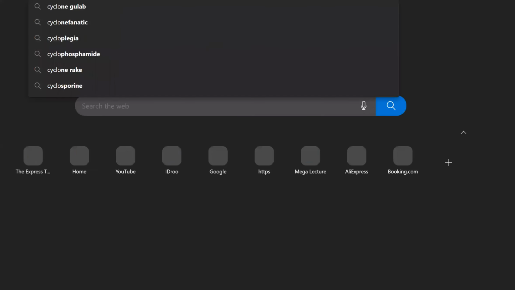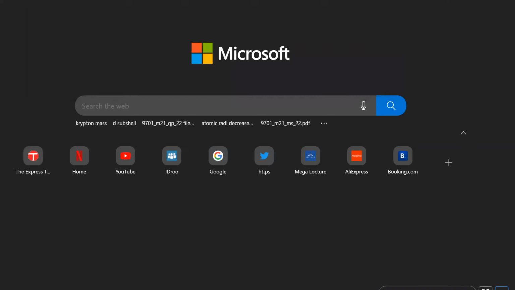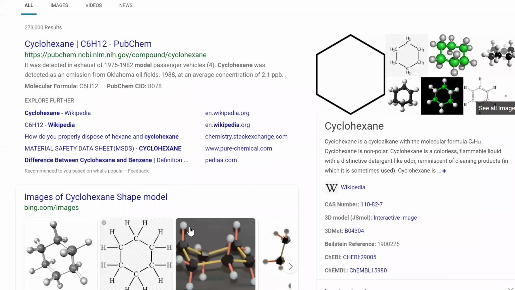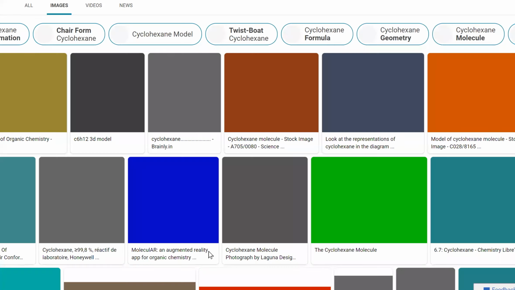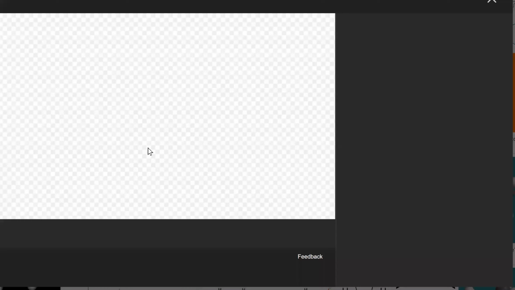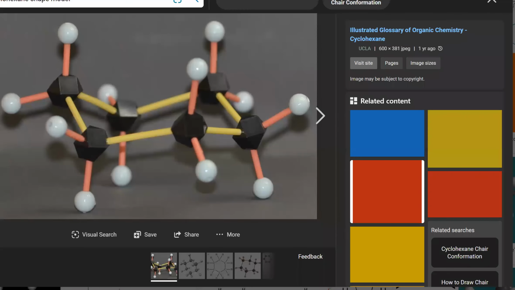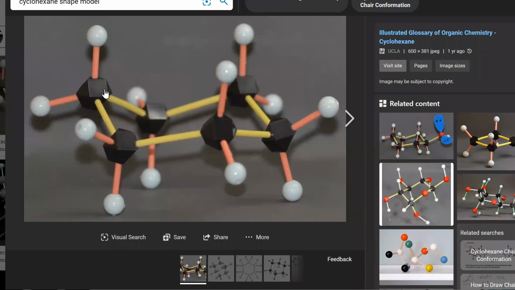And remember, even if it's tetrahedral, if I want to show you the shape of cyclohexane, with this molecular model, this clearly would show you that chair shape. You can see that all 4 carbon atoms are tetrahedral, right?